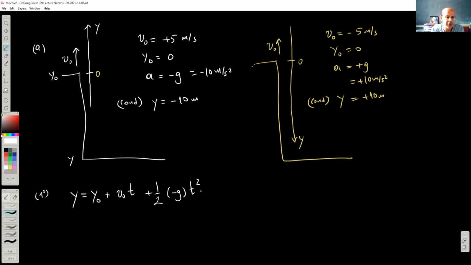It appears that most of the time, when people are solving these kind of problems, they always choose the y-axis to be upward. So in that case, this can be justified. But I ask you to be a little bit open-minded. So it might still be possible for you to choose the y-axis to be downward.